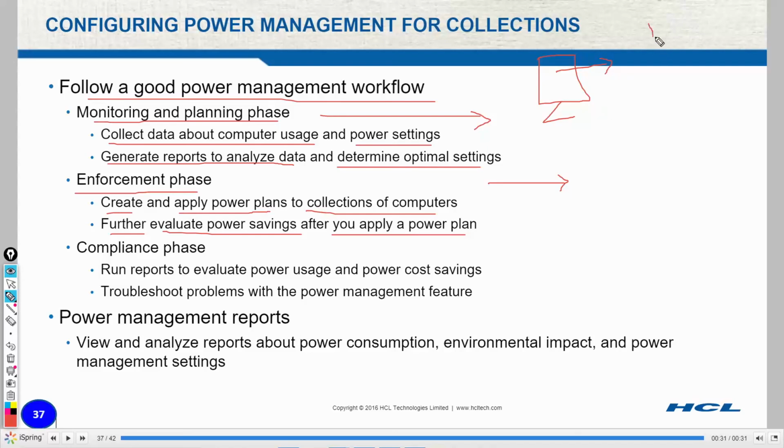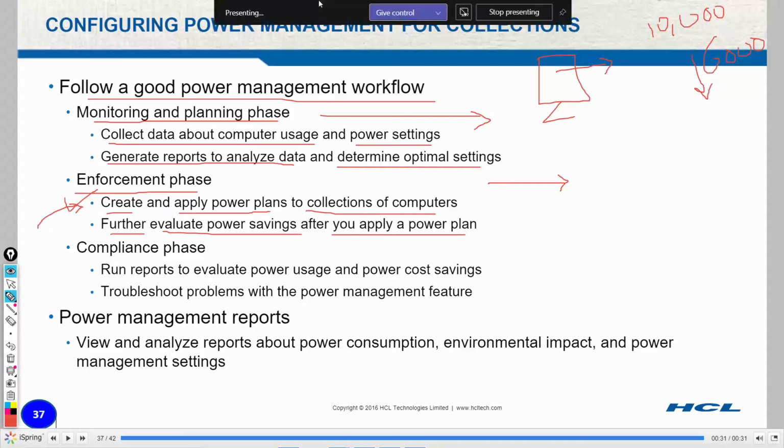So let's say 10,000 computers were there, and before creating and applying this policy, every month you were receiving 6,000 extra in the electricity bill, and after you applied this, you decreased your electricity bill by 6,000 rupees, because those 10,000 machines were powered on though they were not in use, right? So you can reduce costs and benefit your organization also.